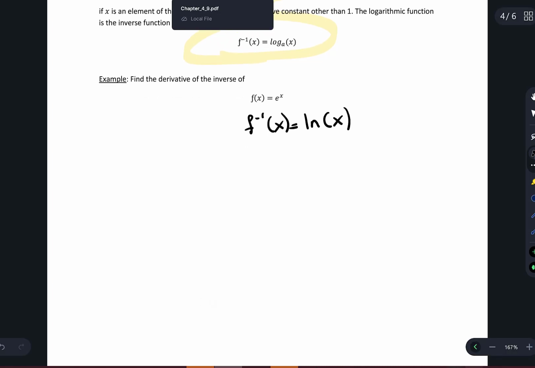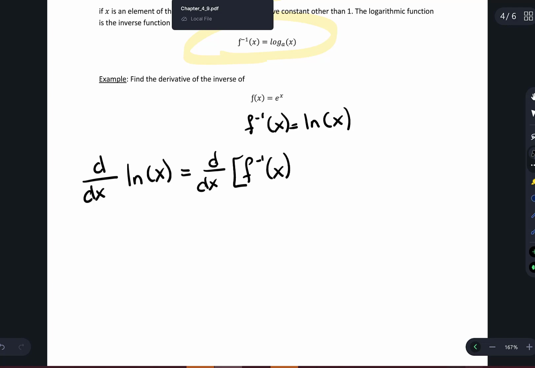So if we want to find the derivative with respect to x of the natural log of x, notice that the natural log of x is equal to the inverse function of x, so this is the same as the derivative with respect to x of f inverse of x. And then based on what we had on the previous page, this is equal to 1 over the derivative of f evaluated at the inverse of f.